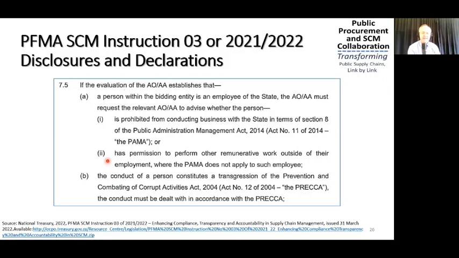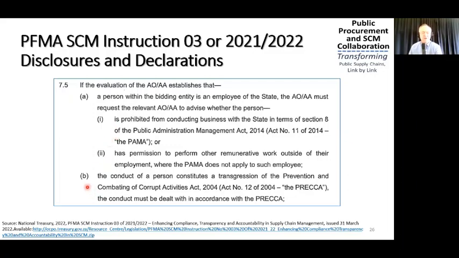If you pick up that someone is working for the state, for example in the medical fraternity, a practicing private practitioner who spends a day a week working for the state, you then have to contact them and check that the person does indeed have permission to work outside of the state. So that's the first one, the PALMA-related issues.